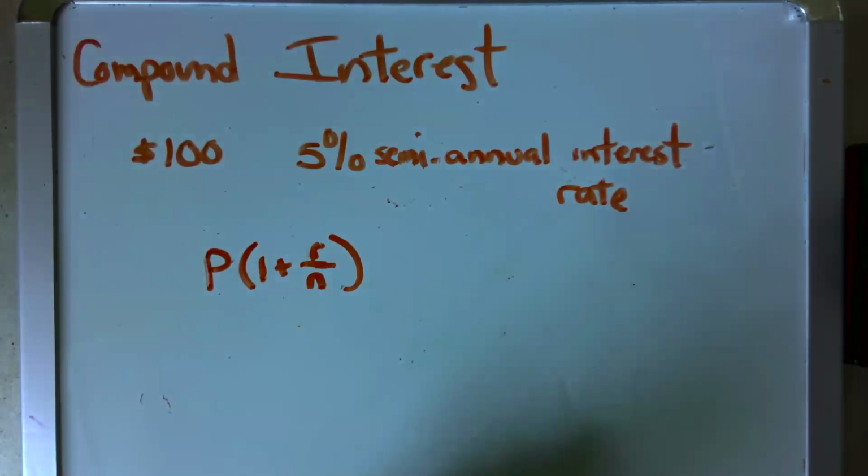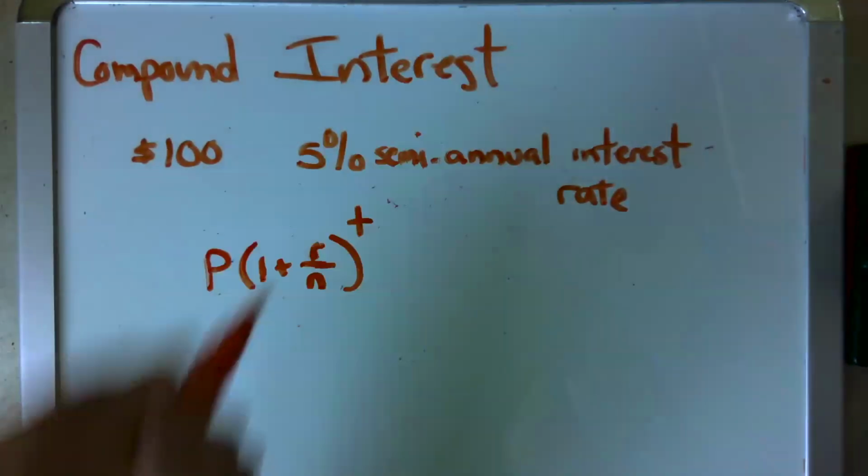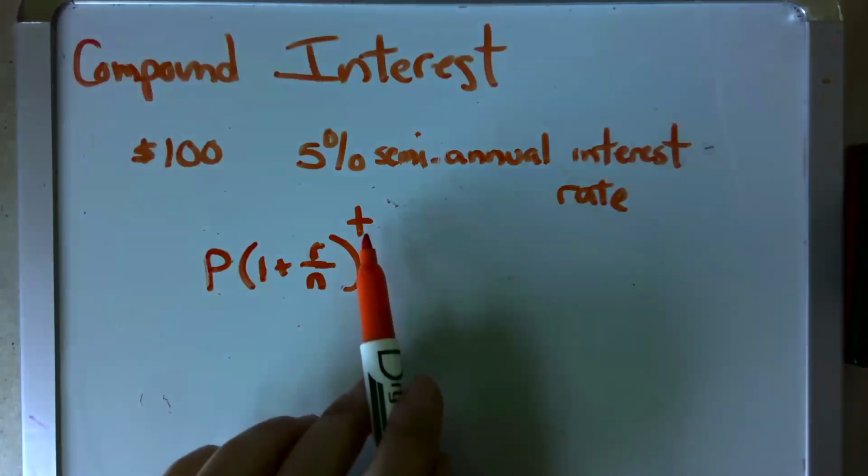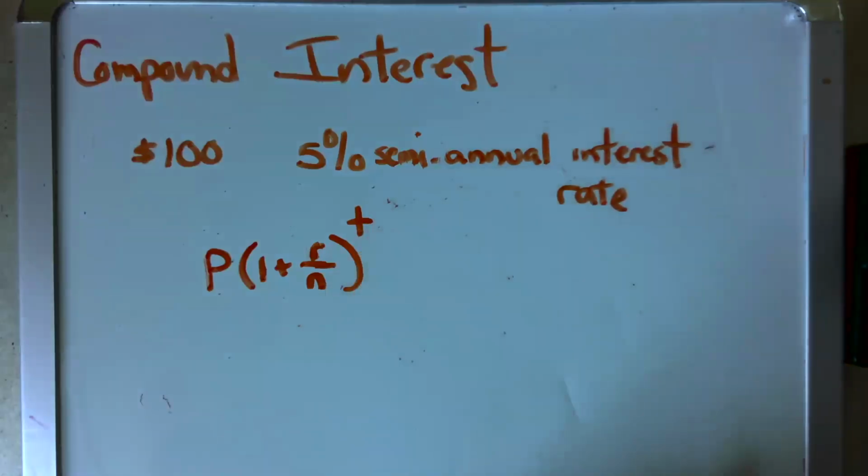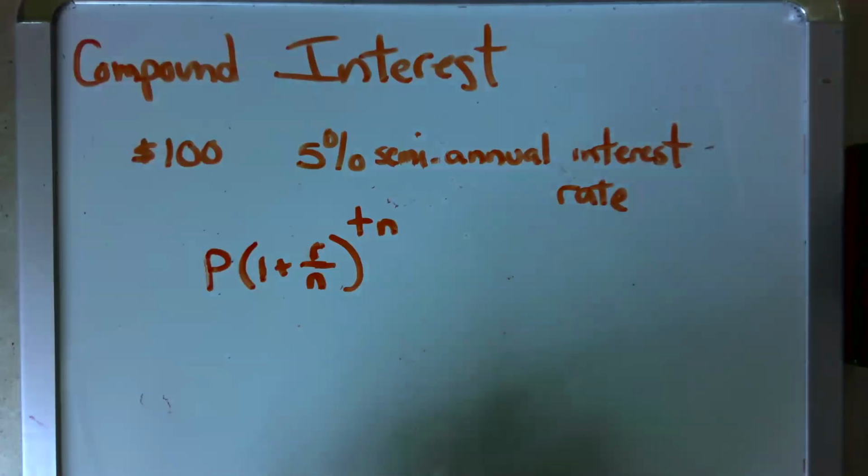But now, by the same token, our time that we raised it to, which was in years, we now need to multiply that times the number of times we're compounding it in order to have the right number of exponential raises.